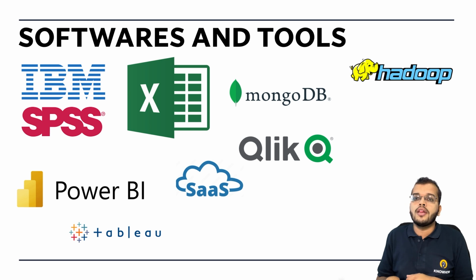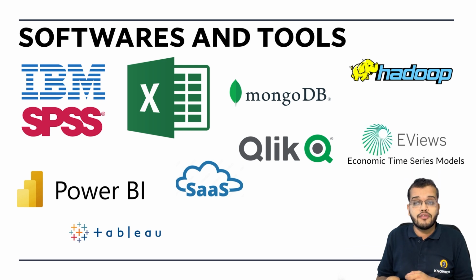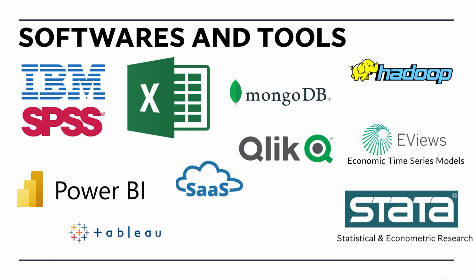After all these, for predictive analysis, we have eViews, which is used for economic time series models, and Stata, which is helpful for statistical and econometric research. To perform predictive analysis, eViews and Stata are very helpful.